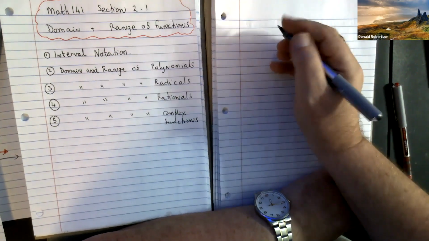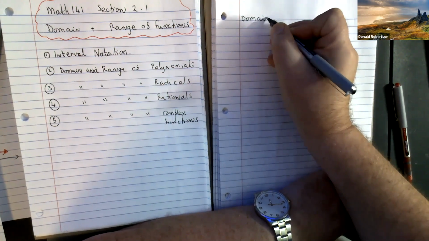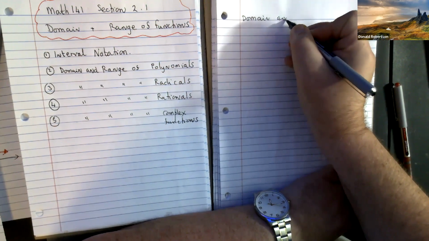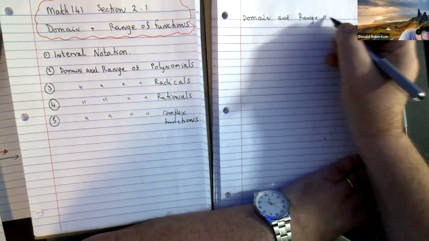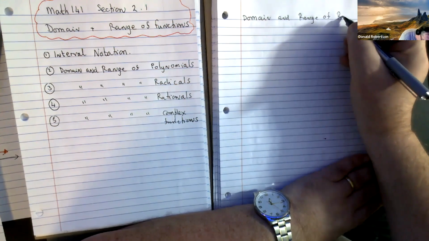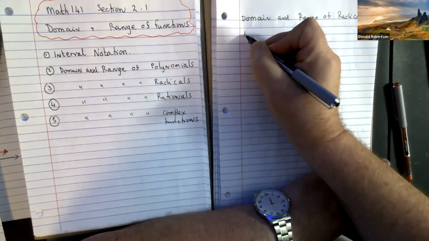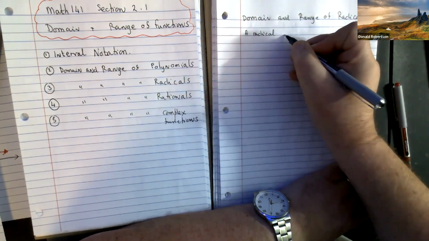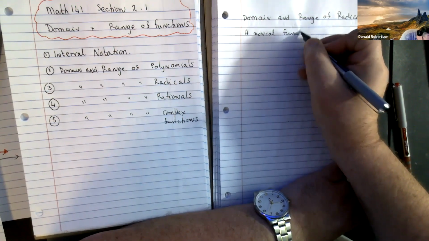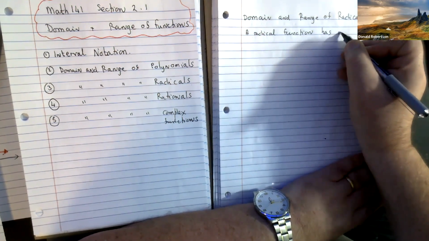Now, the next one is going to be the domain and range of what are called radical functions. And a radical function has a root.